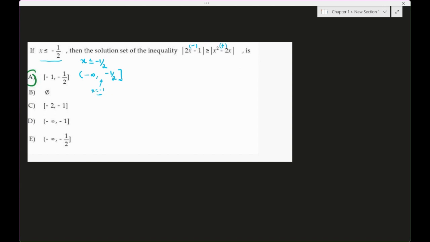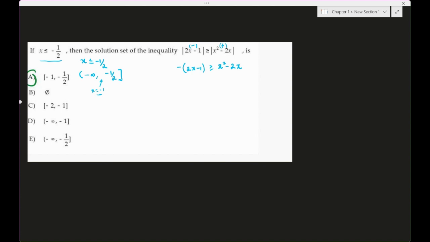Since this is negative, by the definition of an absolute value, to remove the absolute value we need to drop the minus sign. So this will be minus 2x minus 1, and this will be greater than or equal to, here, since the quantity inside is always positive for any x in this domain (zero is not in this domain, so we are fine), x squared minus 2x.